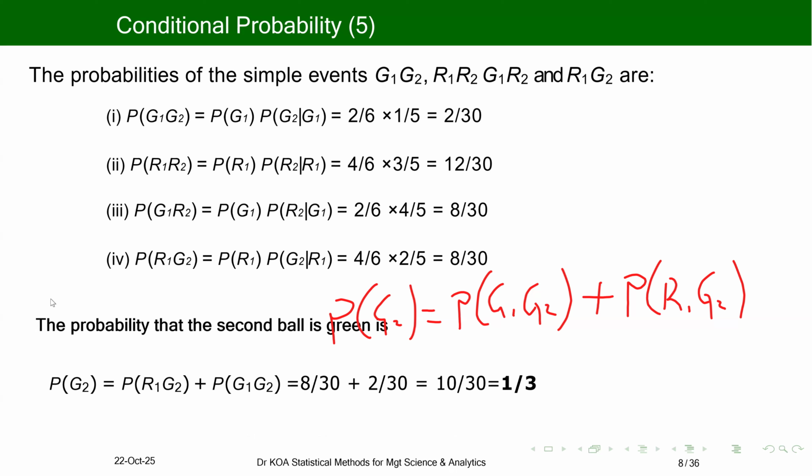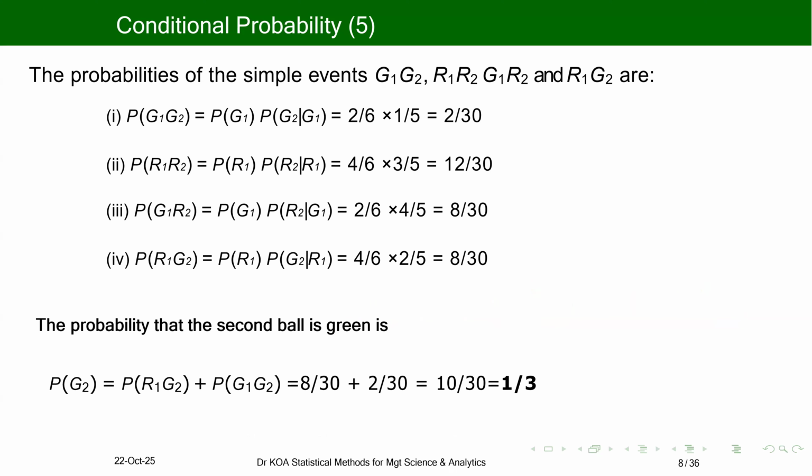So that shows you're all getting the picture now. This exercise is helping you understand what you're doing. Without the hands-on, you do not really think you know until you are challenged. So this is the probability that the second ball is green.